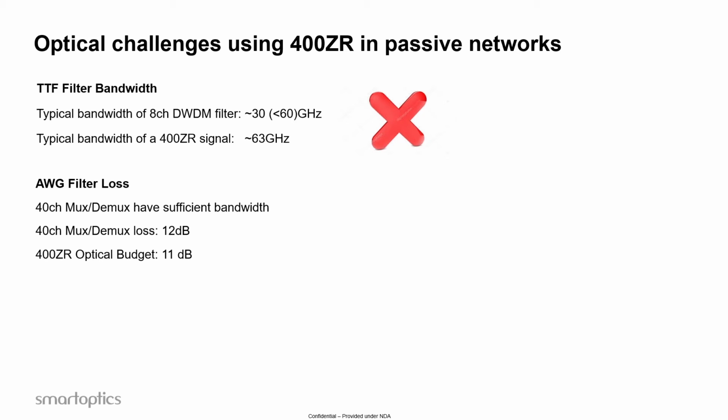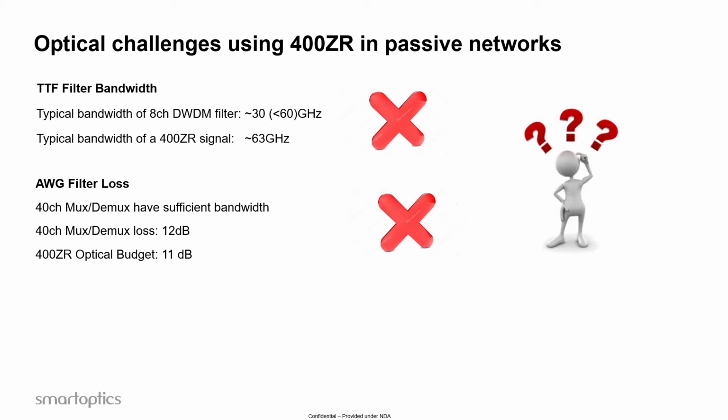The optical budget for 400ZR optics is 11 dB, based on minus 9 dBm transmit power and a receiver sensitivity of minus 20 dBm. That means you only have 11 dB to play with, and running that over a filter that has a loss of 12 dB provides a negative capability. So all in all, that's not a good solution either.